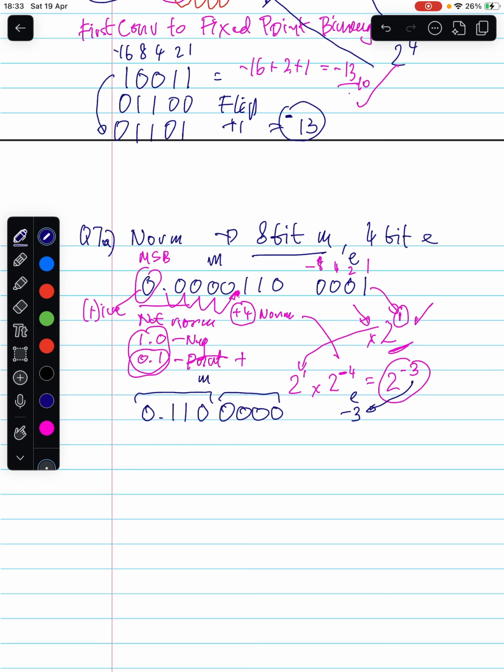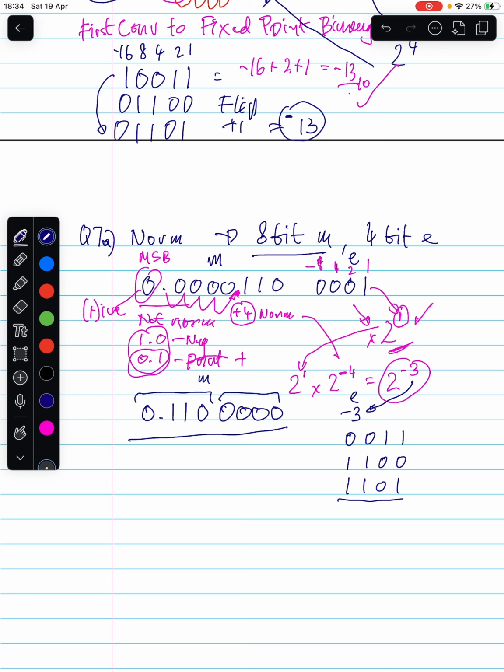And our exponent, we need to code minus 3. So I'm just going to put 3 in our exponent, and I'm going to 2's complement it, so I'm going to flip it and then add 1. So that is our number.